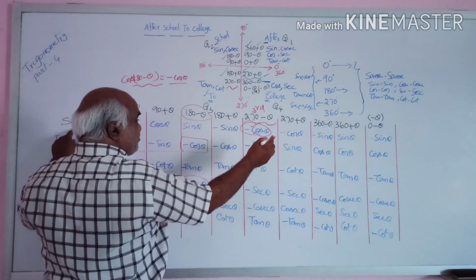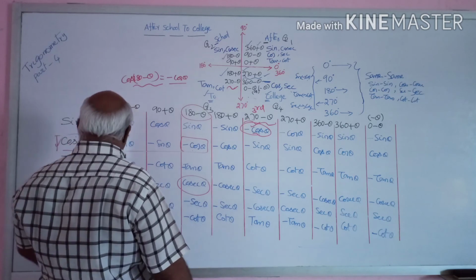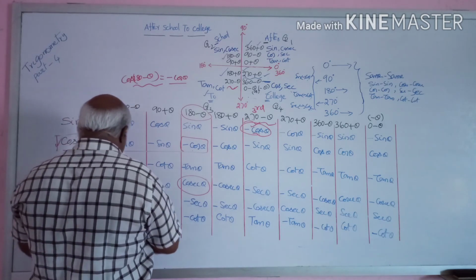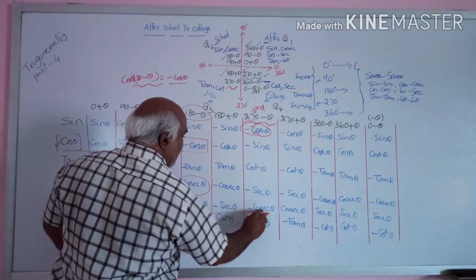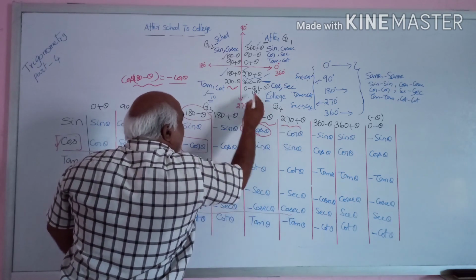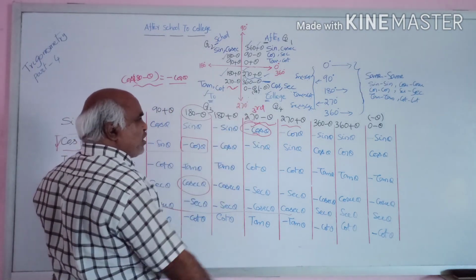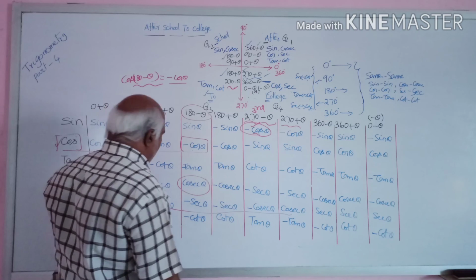Next, come to another one, 270 plus theta. Now you can take secant of 270 plus theta. Here you can see 270 plus theta is in the fourth quadrant. In the fourth quadrant, cos and secant are positive, and the remaining are negative.